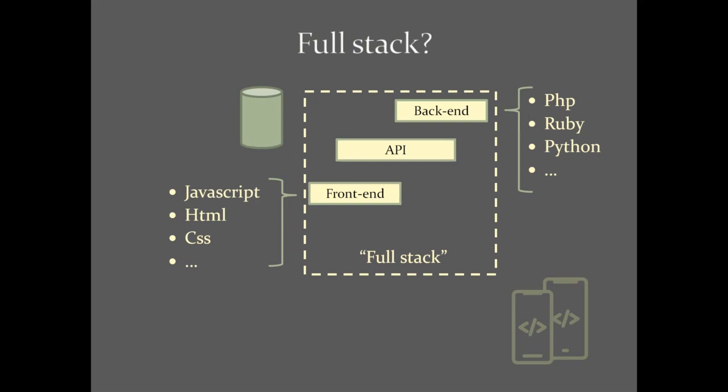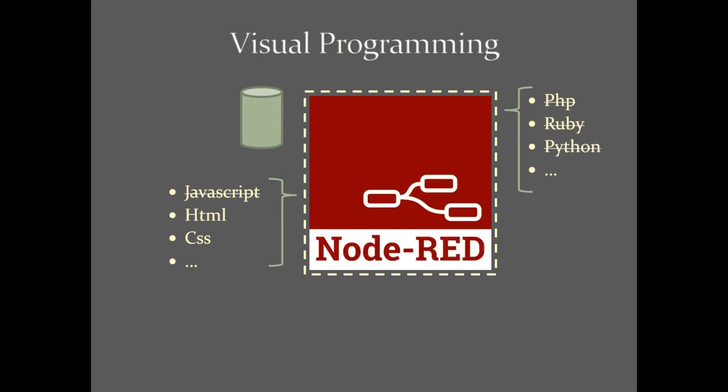Anyway, fortunately we're not going to learn anything like this here, because we're going to use visual programming, and we're going to use Node-RED to connect this front end with the back end using building blocks. So we won't need to know programming languages like PHP, Ruby, or JavaScript. Perhaps we will need to copy and paste some HTML and link some external CSS, but no programming in this course.